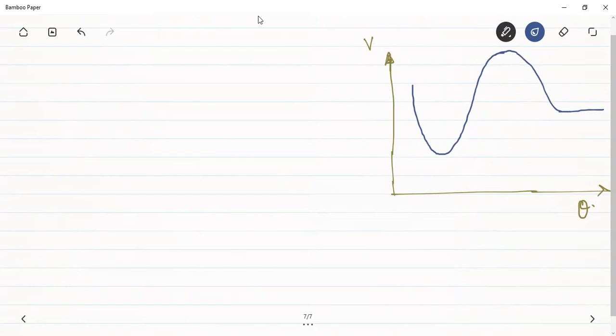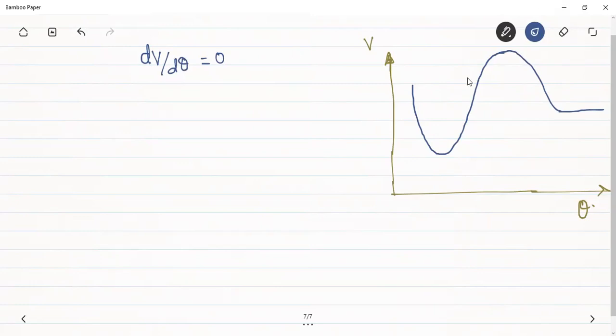So we know that for equilibrium dV by dx should be 0. That is, a body will be in equilibrium at those points where the slope of this potential energy versus theta curve, I can put theta here instead of x, as I have represented the independent coordinate by theta, is zero. So all those positions where the slope is equal to 0 will correspond to the equilibrium positions.